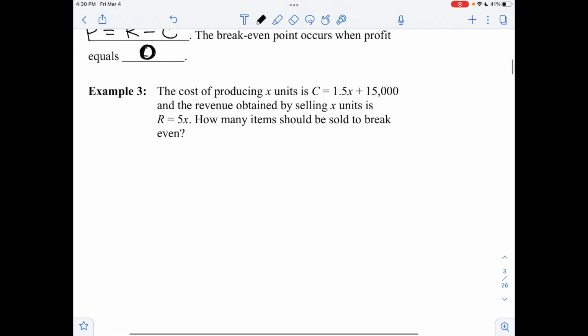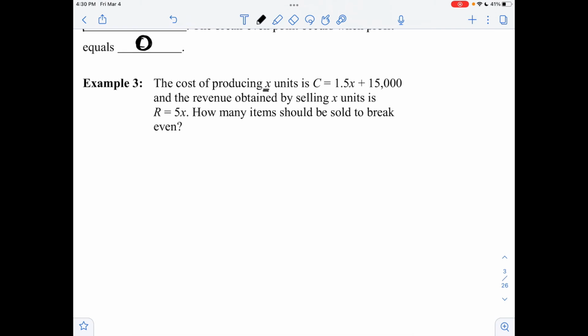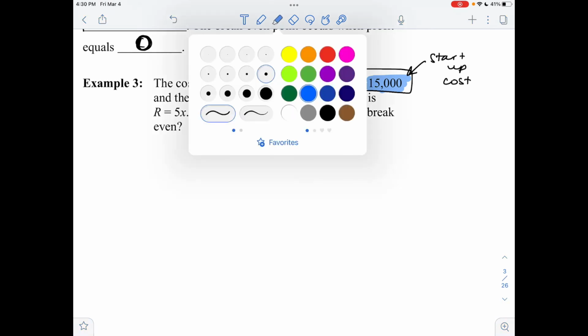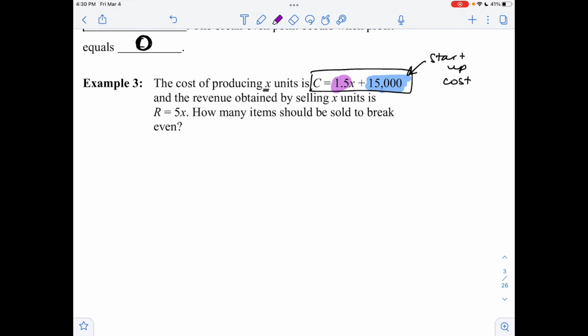Okay, the cost of producing x units, C, is 1.5 times x plus $15,000. This tells me right here the startup cost. And this tells me right here the cost to produce each product. There's 2 parts.